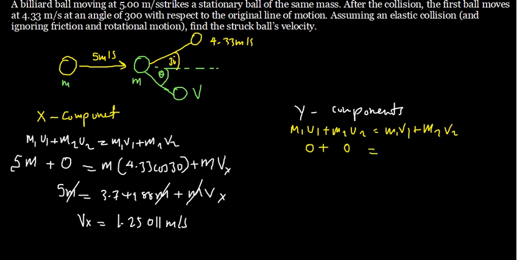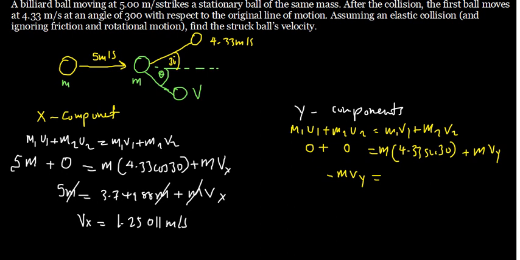Now m1 is just m because that's a mass. v1 now in the y is going to be v, which is 4.33 sine of 30, and then plus m, I'll just say vy. So this side is 0. I'm going to take the mvy to the other side to be negative mvy.